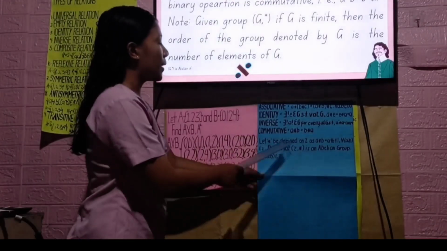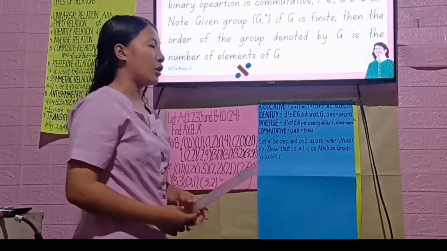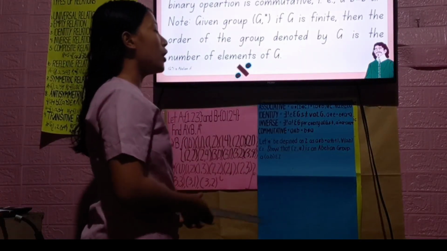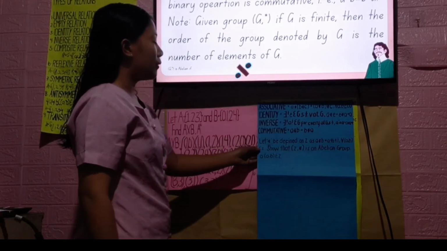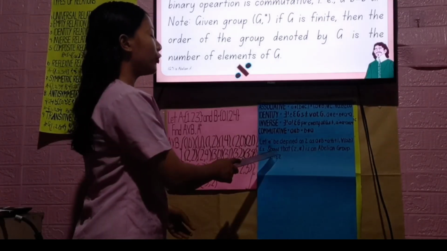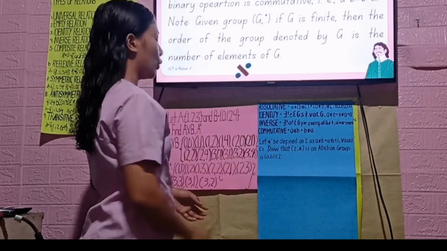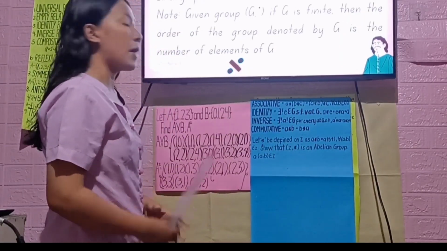So let star be defined on Z as A star B is equal to A plus B plus 1, for all A, B that are elements of Z. Show that (Z, *) is an abelian group. We need to prove that it is an abelian group.